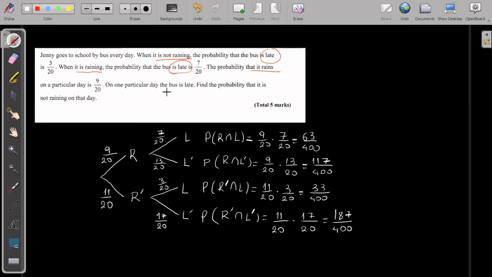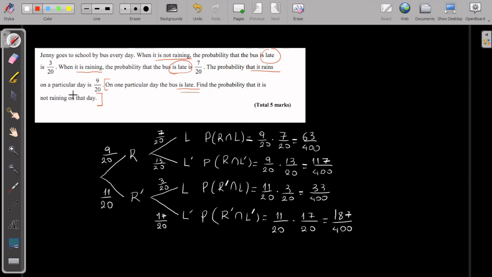Now, we will come to the problem. Here is what we have to decode. It says, on one particular day, the bus is late. So they give me as a fact that the bus is late.